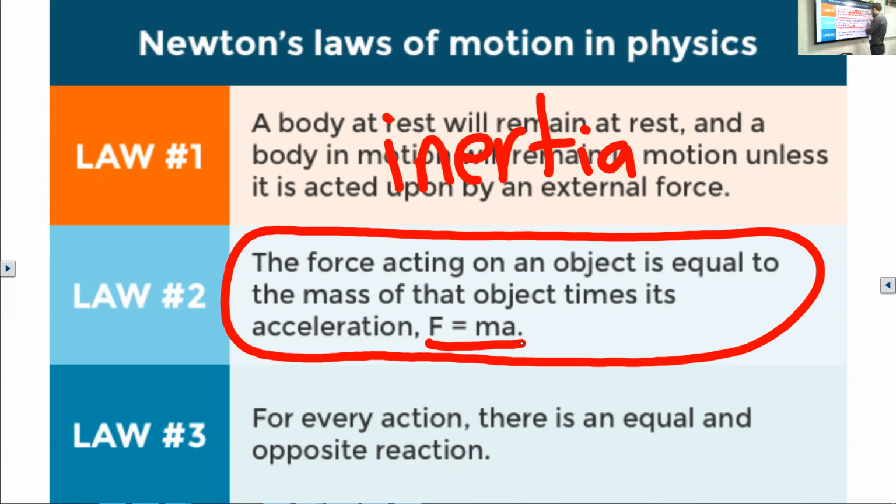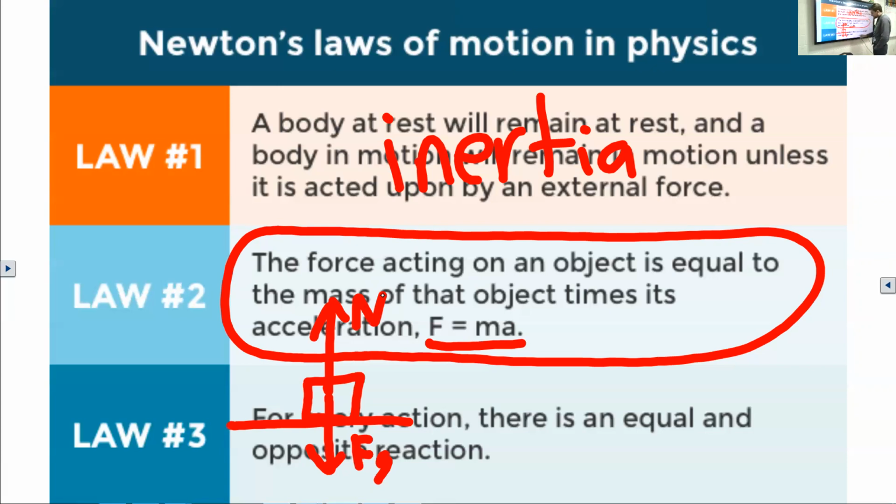For every action, there's an equal and opposite reaction. So, for example, if an object is being placed on a tabletop surface, the force of gravity pushing down on the object will be equal to the normal force, unless there are other forces at play. So that's an example of an equal and opposite reaction.